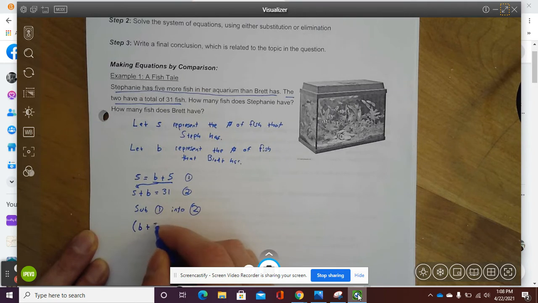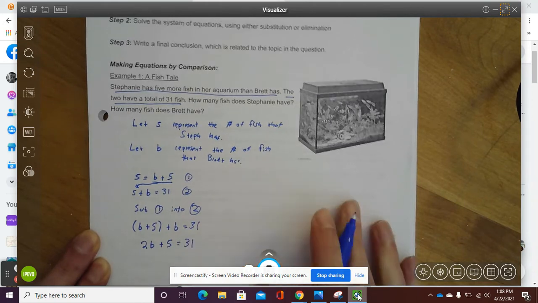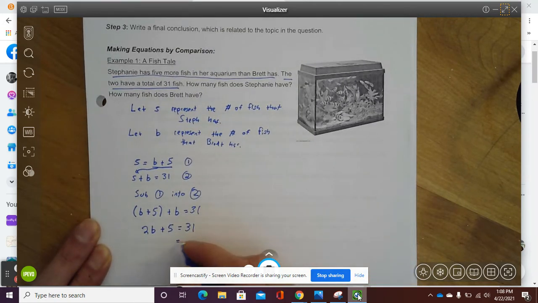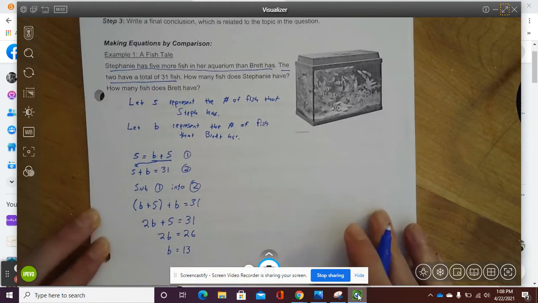So I've got B plus 5 replaces S, and the rest of the equation I just copy down, equals 31. So I've got 2B plus 5. Going to move the 5 to the other side, so I'm going to subtract it. So I have 2B equals 26, or B equals 13 after I divide by 2.